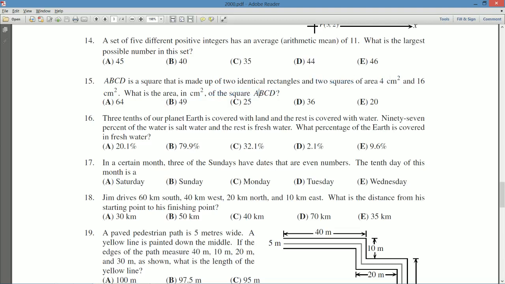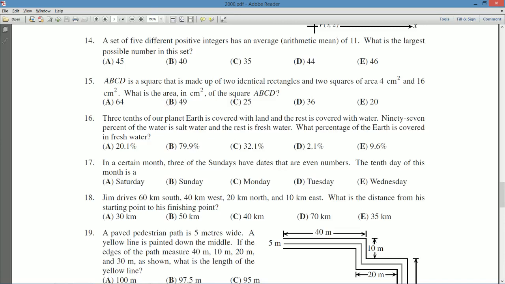So this question might be a little tricky because we're trying to make a square out of ABCD, and we have to ask ourselves, okay, how are we going to put these rectangles together? How are we going to put in the two squares? There's certainly a couple ways to do it.